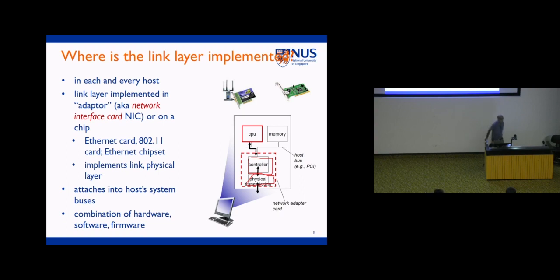But then this controller would talk to the CPU and your memory through the main bus in your computer, let's say the PCI bus. And there's a reason for this, right? For example, let's say my Wi-Fi is on.